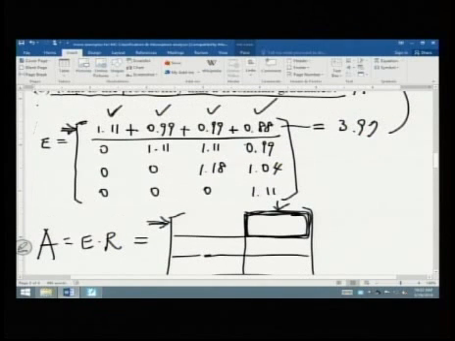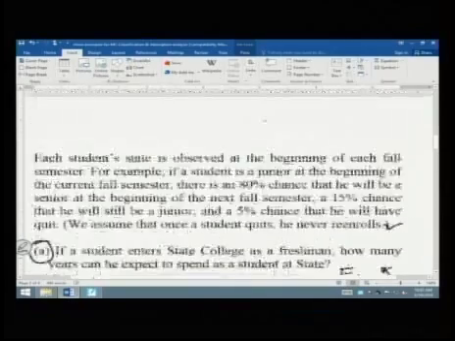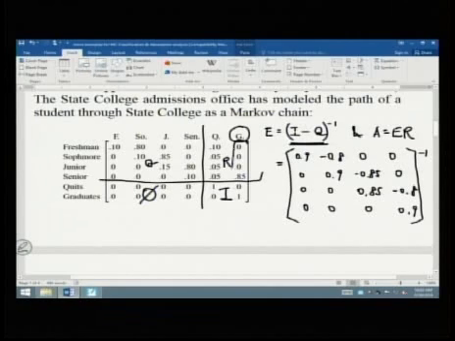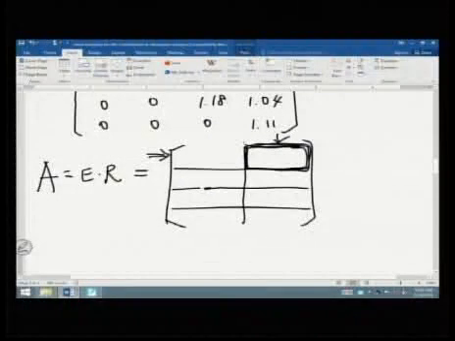It's the first row of the E matrix times the last column of the R matrix.